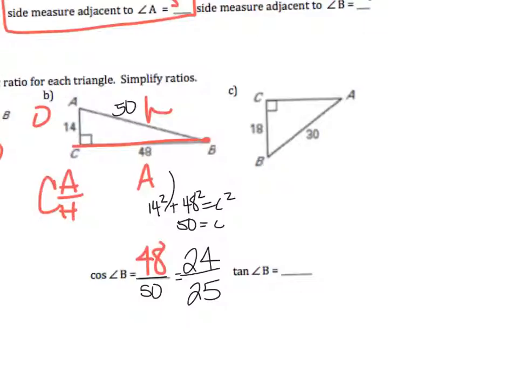All right, last one from our review, tangent of angle B. Okay, pencil on B, line to the right angle, that's A, H, O. Tangent is opposite over adjacent, and I don't know the opposite, but I know 2 sides. So I'm going to go ahead and find that third side.